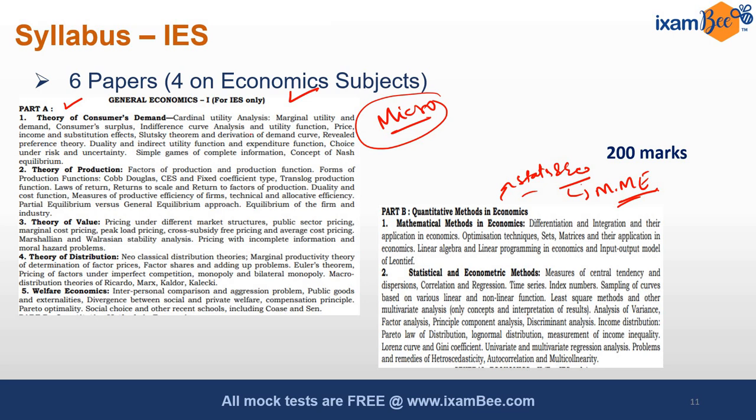So theory of consumer demand, you have to cover cardinal approach, marginal utility, indifference curve analysis, revealed preference, Slutsky method, all these things are there. Then theory of production, theory of value, theory of distribution like marginal productivity theory, right? Kaldor's theory of distribution, Kalecki's theory of distribution. So several macro distribution theories are also there in the syllabus.